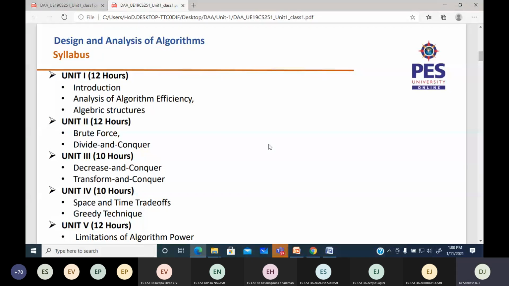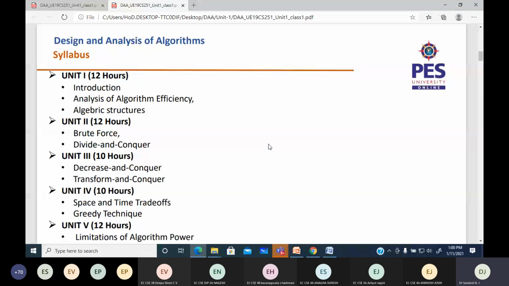You will do the analysis of both recursive and non-recursive algorithms, and you will be able to tell theoretically, without even running the program on the computer, what the efficiency of that algorithm is.